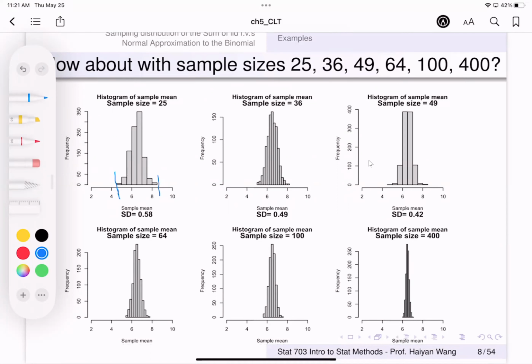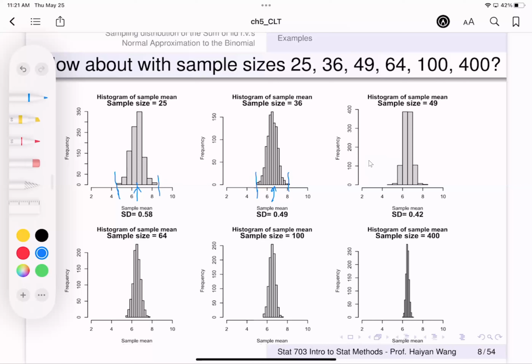And the next one increases the sample size to 36 rather than 9 or 25. So we take the average for each of the samples, and again, we look at how the possible values show up in the histogram. You can see now the lower bound is around 5, the upper bound is about 8.1. So it shrinks even further, but still the distribution is centered around a similar place. This is the center, and here's the center. It's centered around a similar place, but the spread reduces.